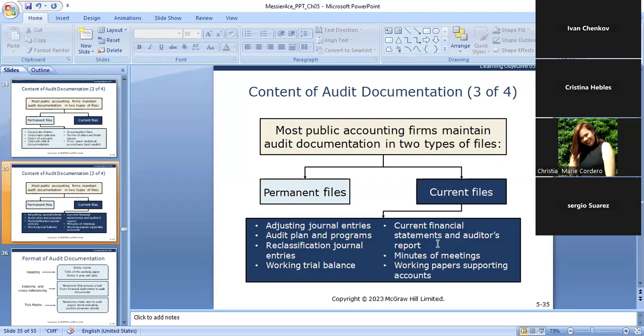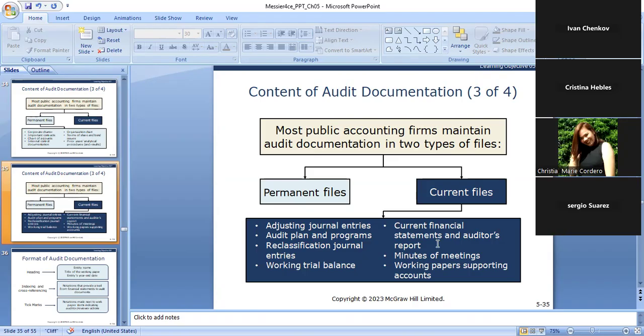Now let's go to the current files. Current files are for the current audit. We're chasing adjusting journal entries, which happen at the end of the period. We're going to see how they're shifting income from one period to another, what technique they're using, and how they're using the accounting policy for that. Audit plan and programs.